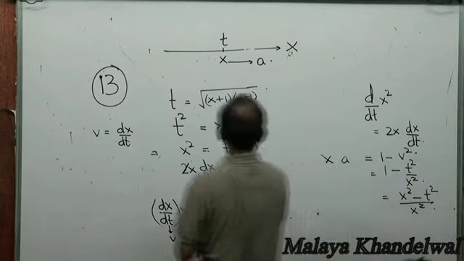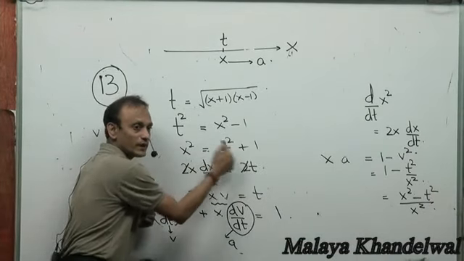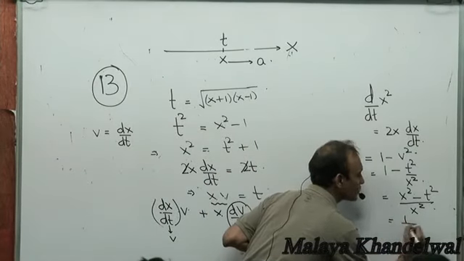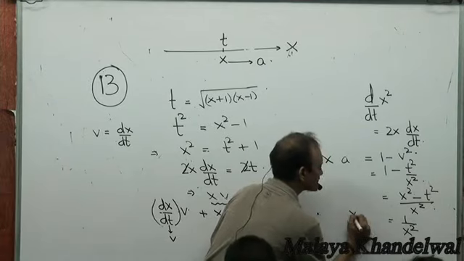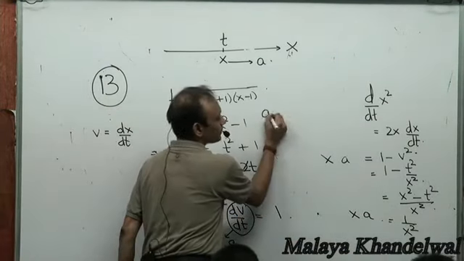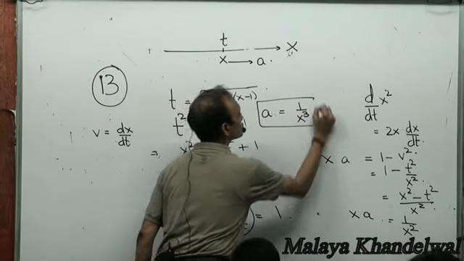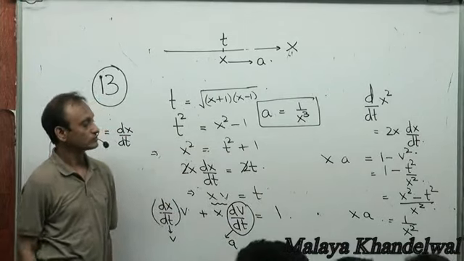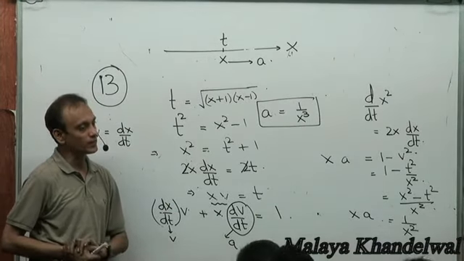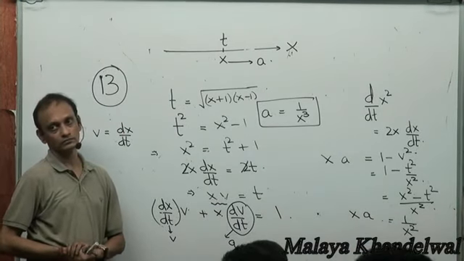But what is x squared minus t squared? x squared minus t squared is 1. So this is 1 by x squared. That's x into acceleration a. So a must be 1 by x cubed. x into a is 1 by x squared, a must be 1 by x cubed. Got me?